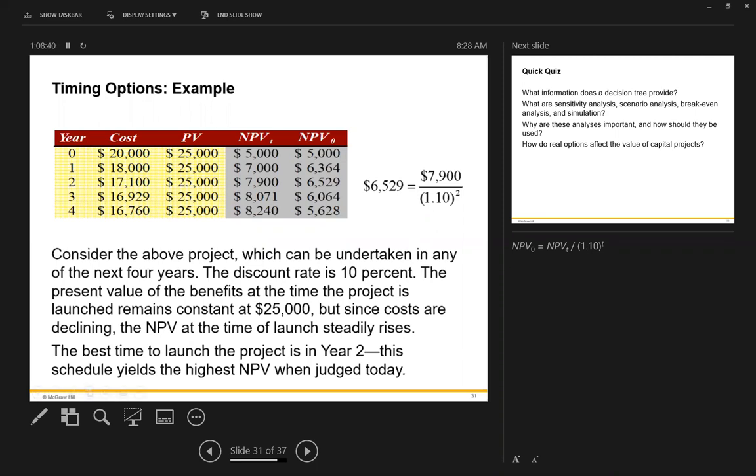At the end of year 3, your denominator would be 1.10 to the third power, and at the end of year 4, 1.10 to the fourth power. And that's how you would determine that net present value. And based on the highest net present value, that will tell you when to undertake this project. Time 2.